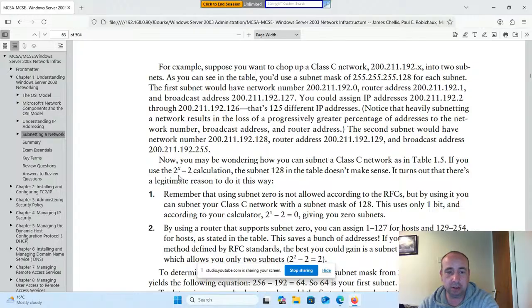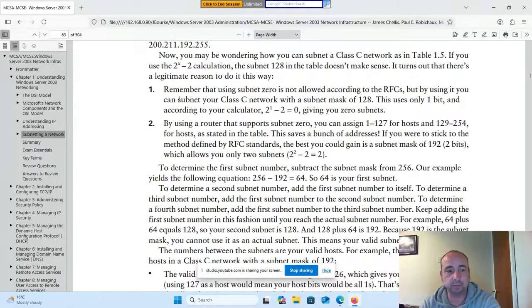If you're using the 2^x minus 2 calculation, the subnet 128 in the table doesn't make sense. It turns out that there's a legitimate reason to do it this way. Remember that using subnet 0 is not allowed according to RFCs, but by using it, you can subnet your Class C network with a subnet mask of 128.